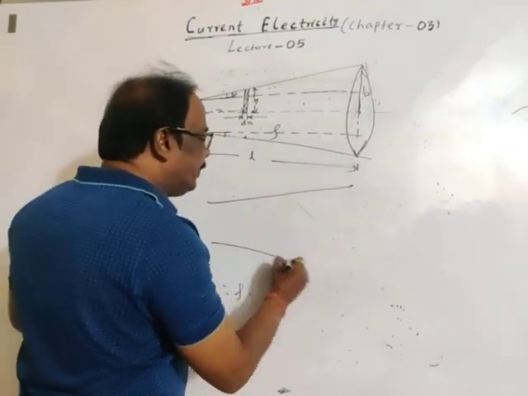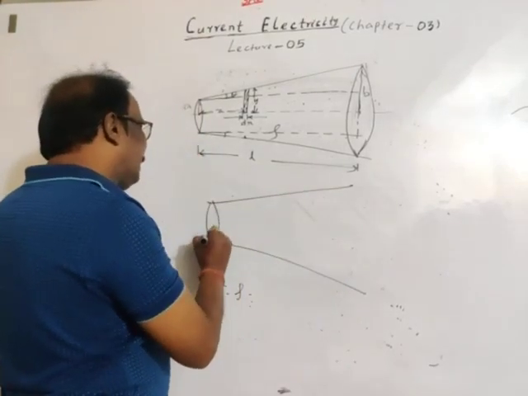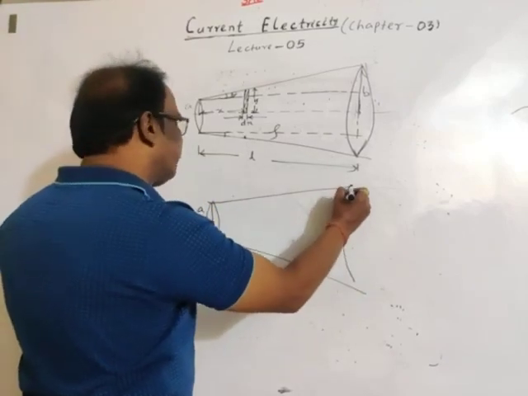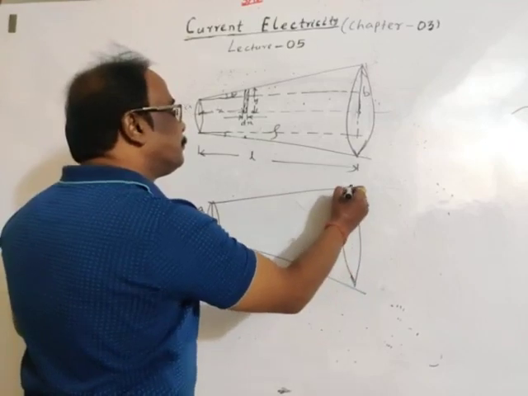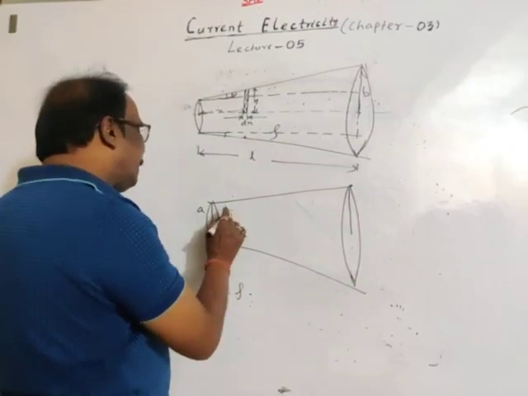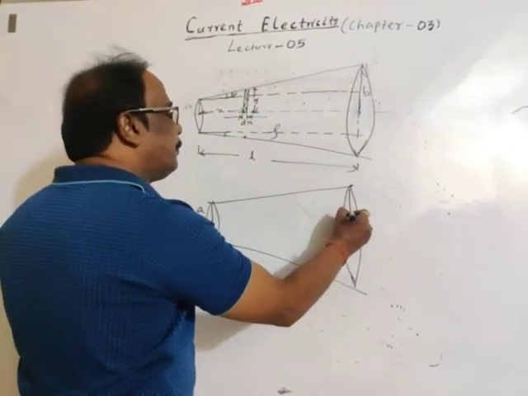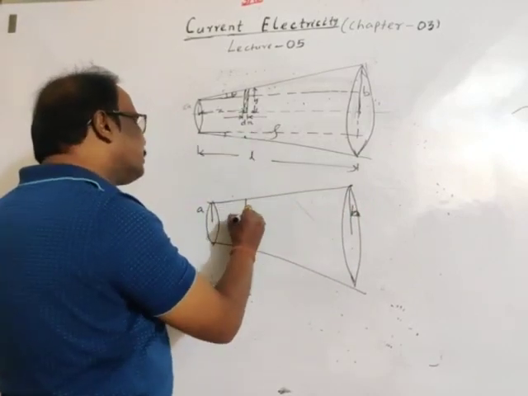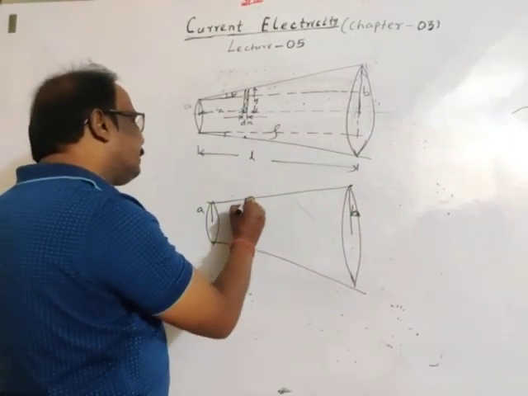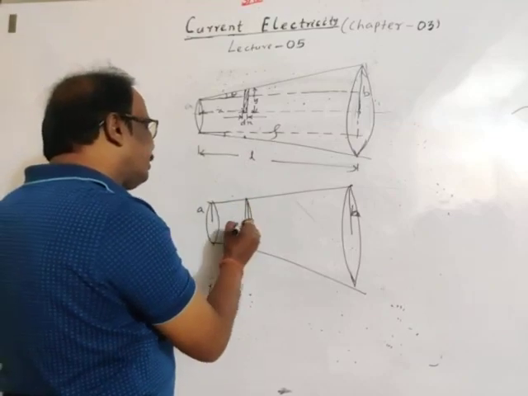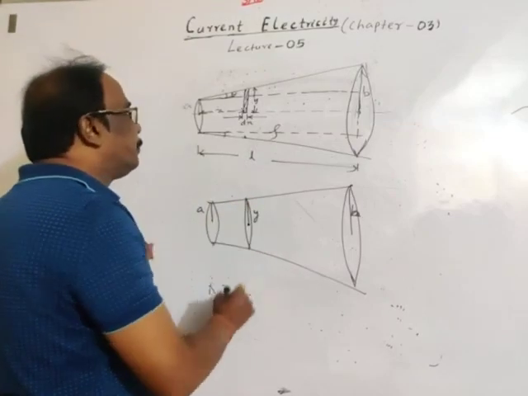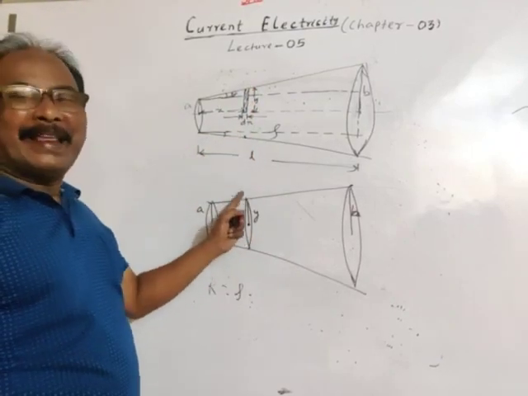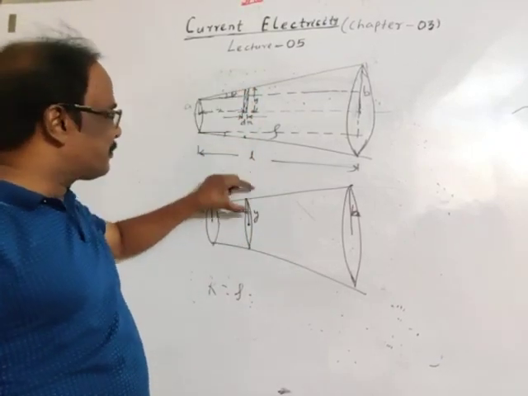I am showing you here. The radius of the area of cross section at this end is a, and at the other end the radius is b. This is any section, so it has a radius of cross section y. We may consider a cross-sectional area of radius y.